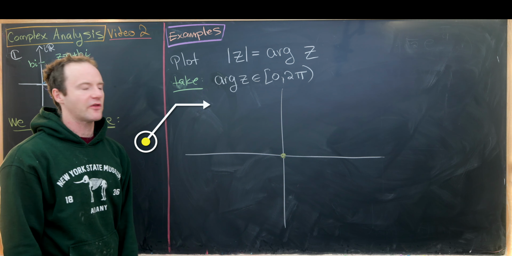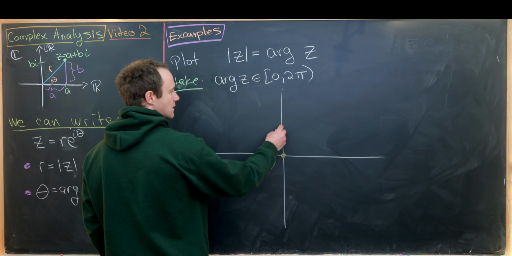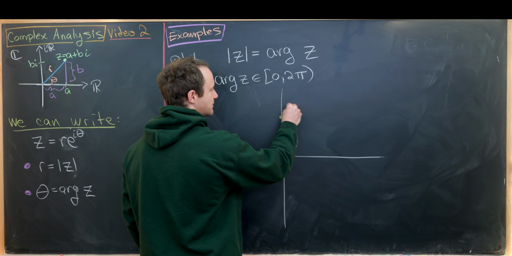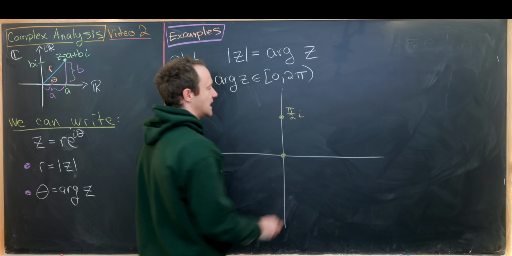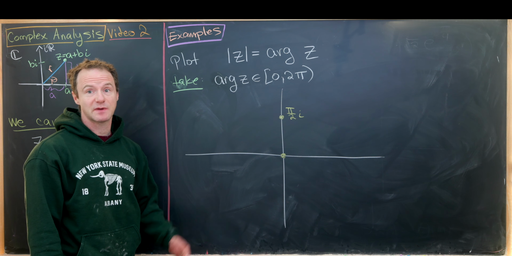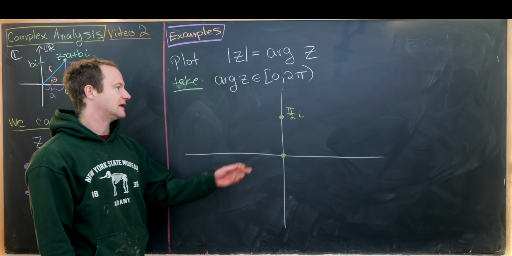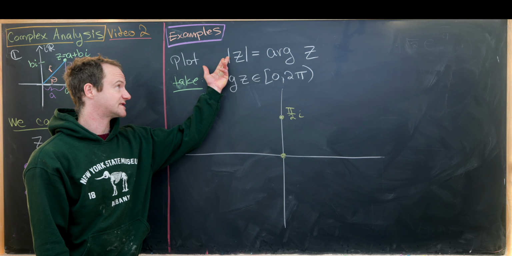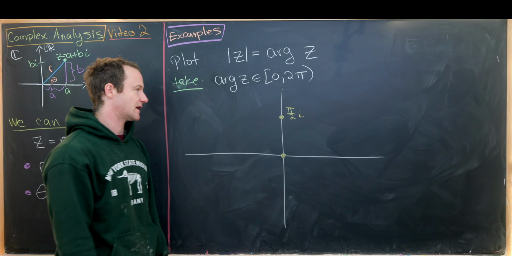Well, let's think about another point on this plot. I think there's a nice one right here, which would be the point pi over 2 times i. Let's notice the modulus of pi over 2 times i is pi over 2. And the argument of i is pi over 2. So that means that this equation is satisfied.